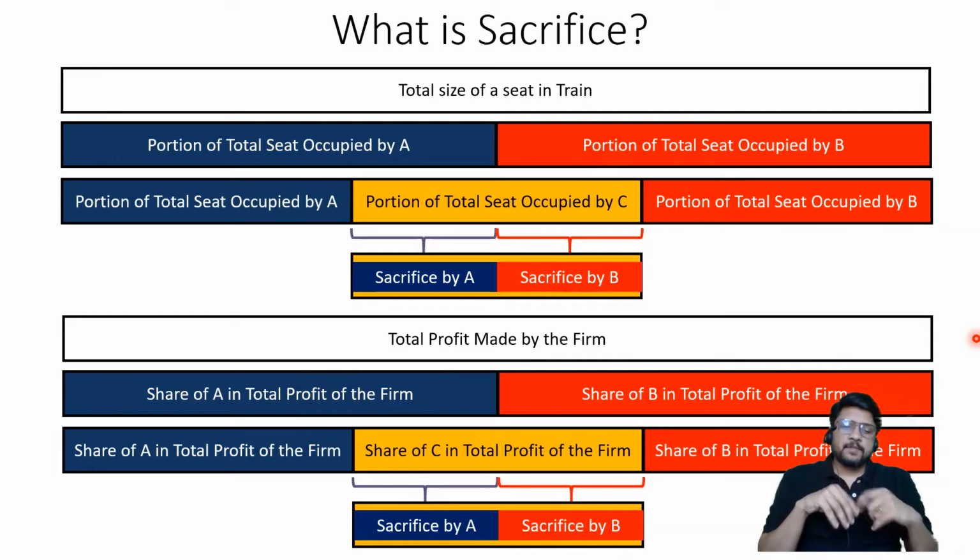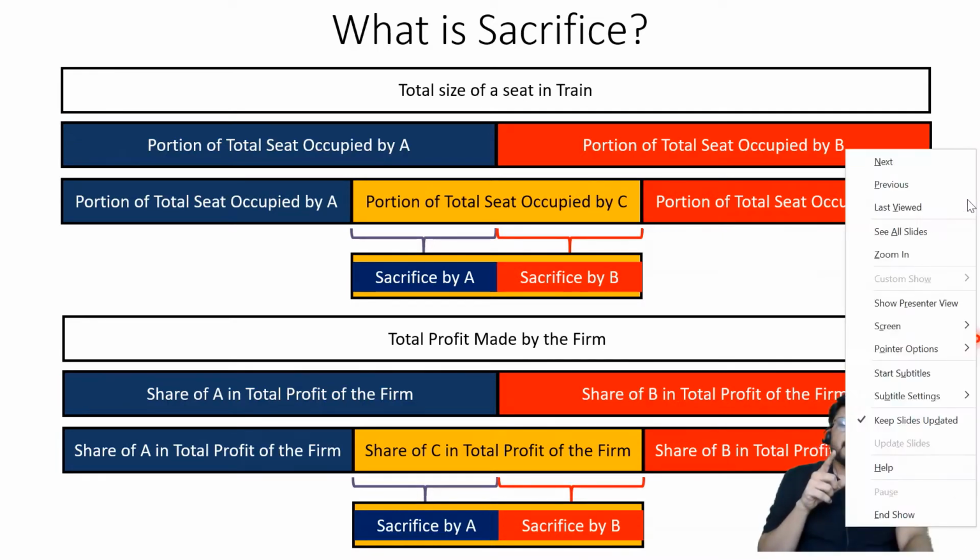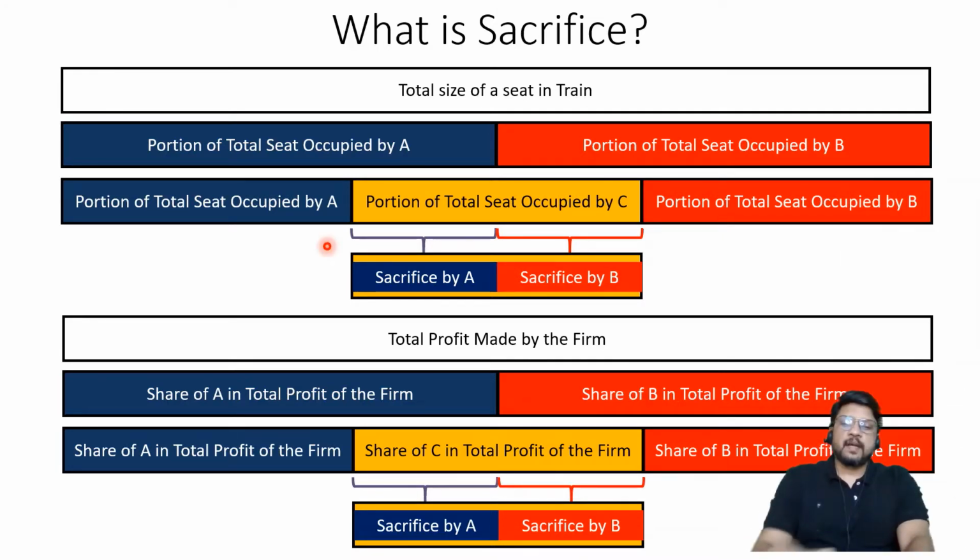Okay, so what have we understood? The sacrifice by A and the sacrifice by B, if taken together, become the gain by C. So the old ratio of A minus the new ratio of A is equal to the sacrifice by A. Old ratio of B minus the new ratio of B is equal to the sacrifice by B. So old ratio minus new ratio is equal to sacrifice ratio.